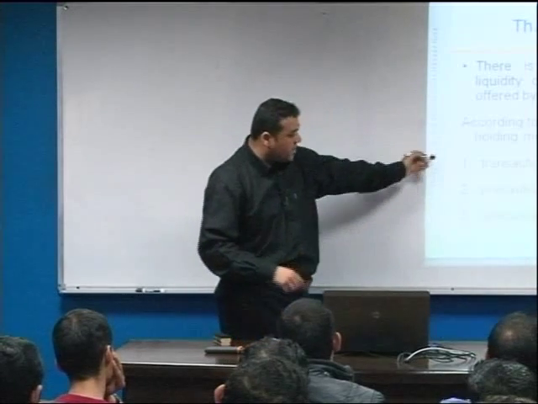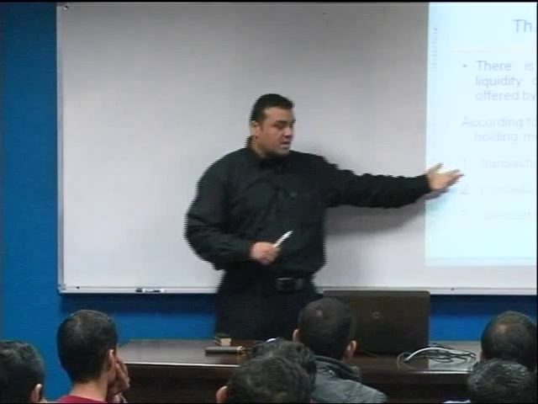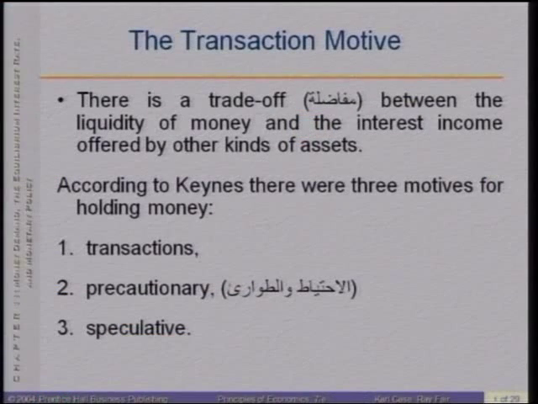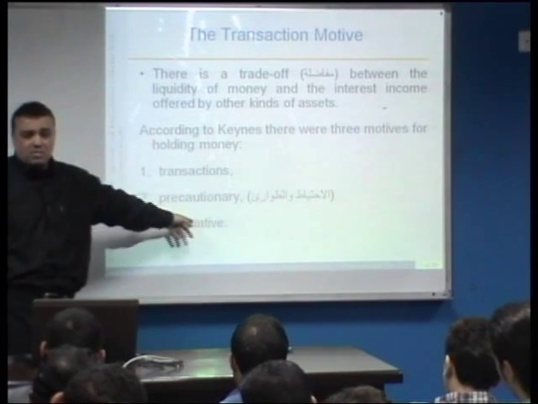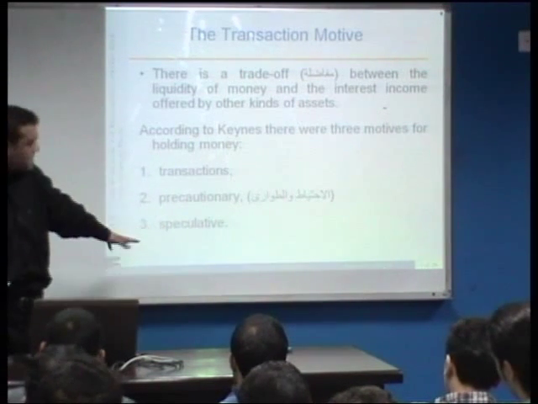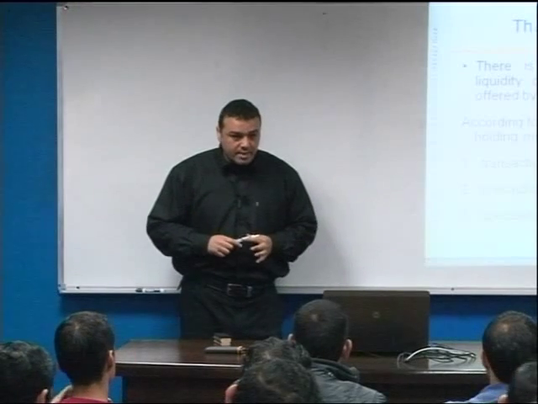These are the main purposes for the demand for money. As you see, transactions, precautionary, which is saving or احتياط, or emergency or contingency. And the last is the speculation, المضاربة, right?